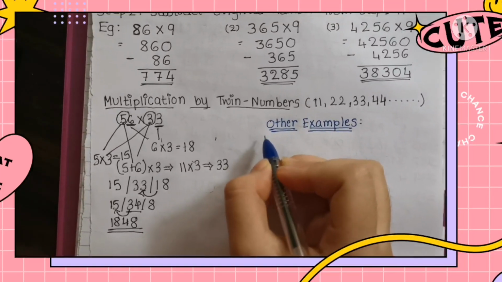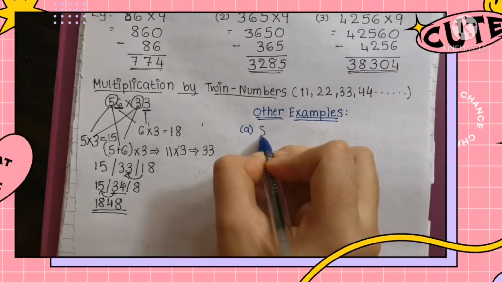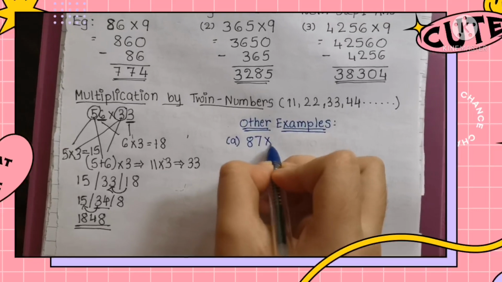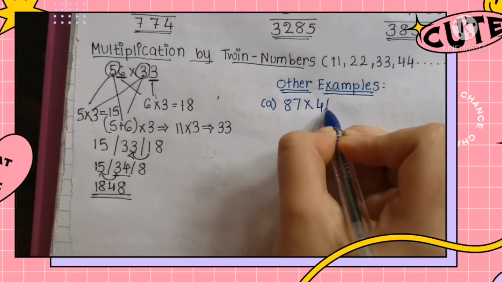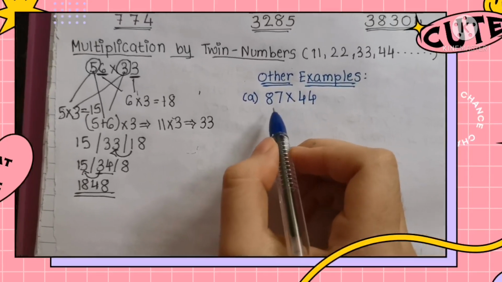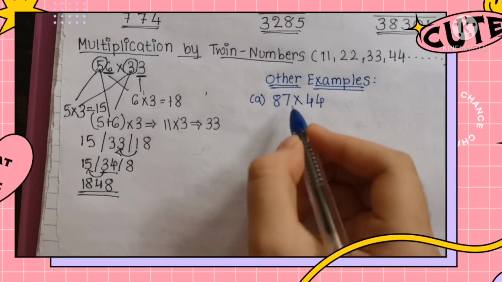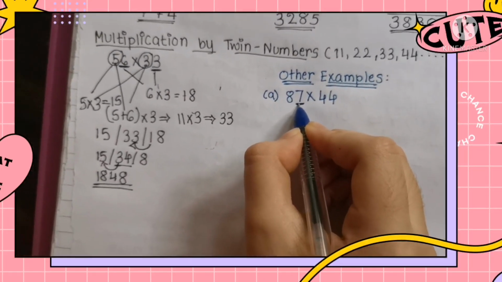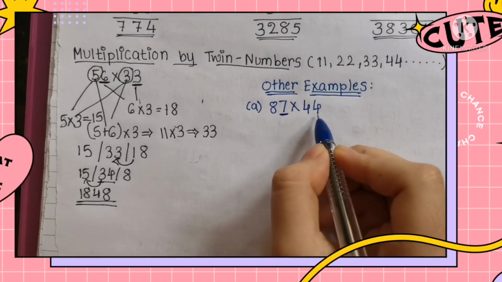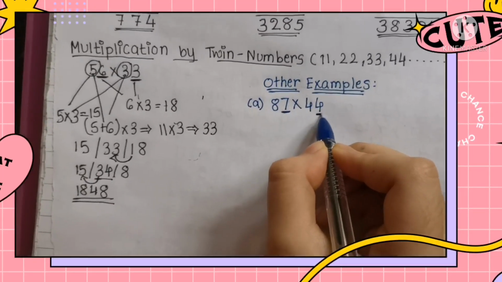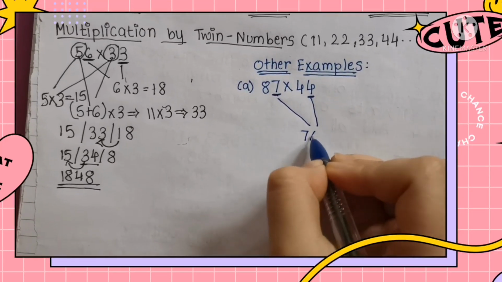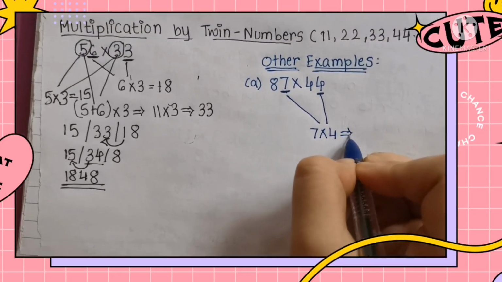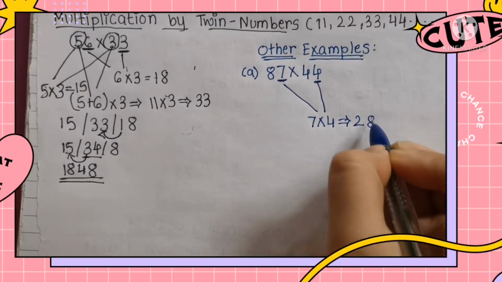Now we will take one more example. 87 into 44. So we will first multiply the units place digit with the other units place digit. So we will multiply 7 into 4. 7 into 4 is 28.